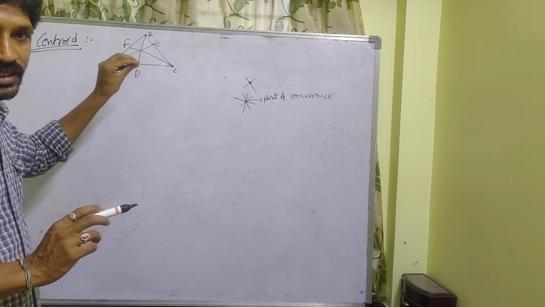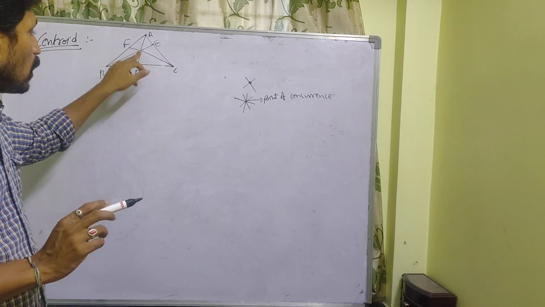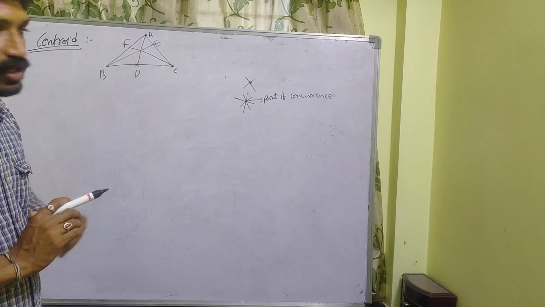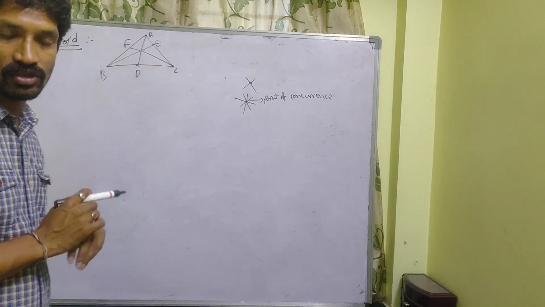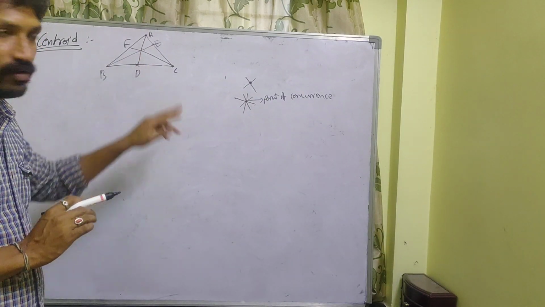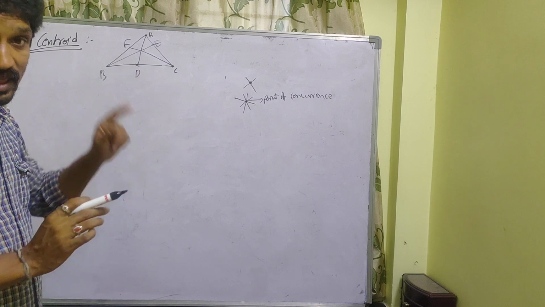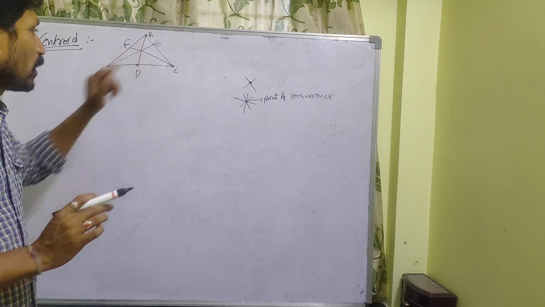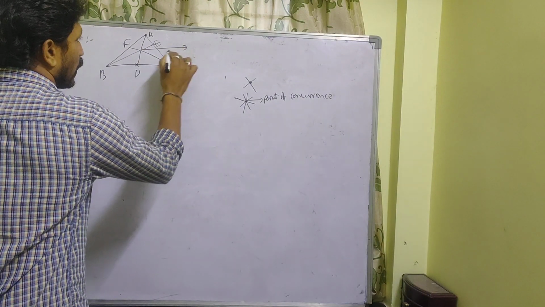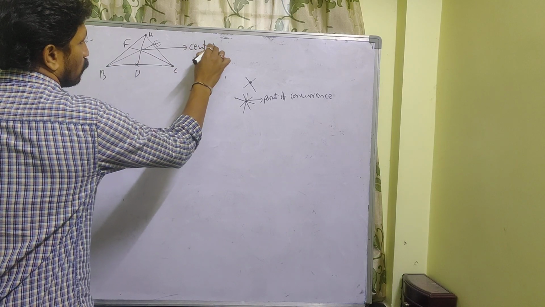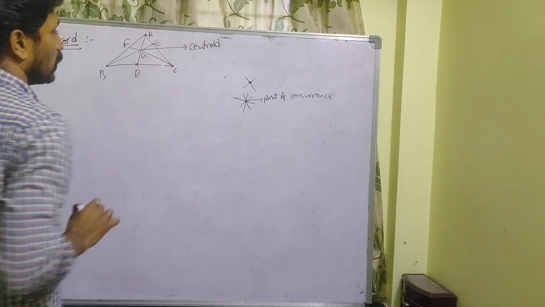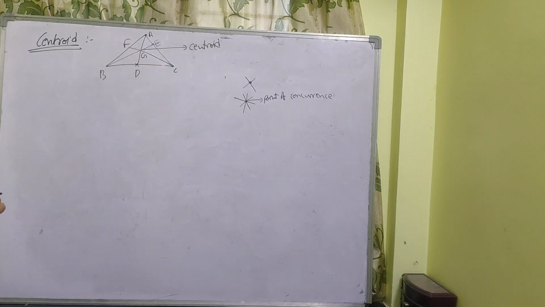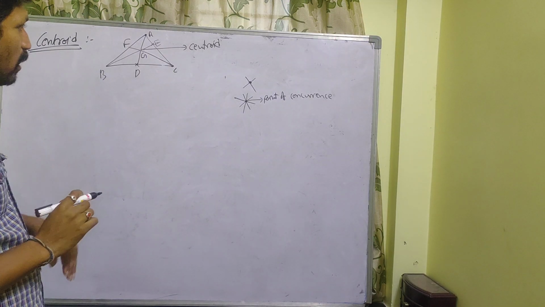These 3 medians are concurrent, meaning those 3 medians pass through a fixed point. That point of concurrence is called the centroid, noted with G.